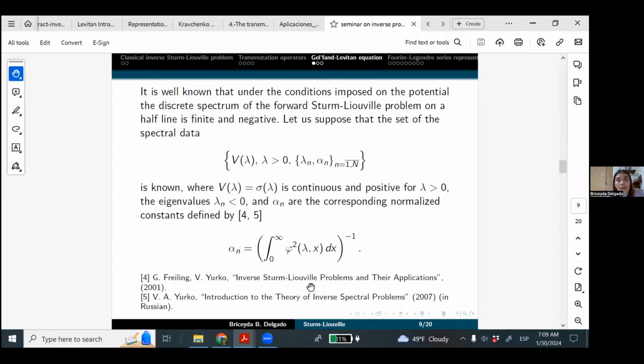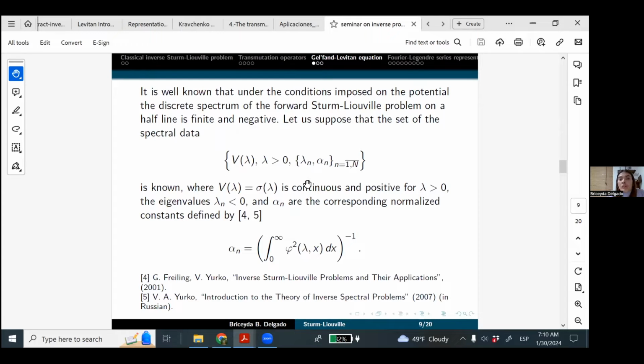For this part of the spectral theory, I am following the monographs of the authors Yurko and Freiling and Yurko. Here are the exact references. Thanks to the condition imposed on the potential Q, it is well known that the discrete spectrum for the forward Sturm-Liouville problem on the half-line is finite and negative.